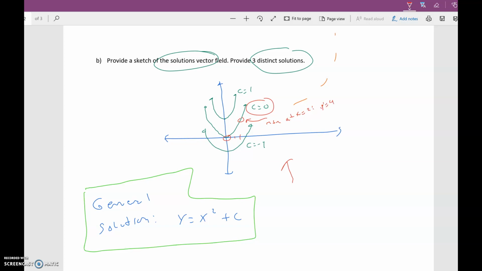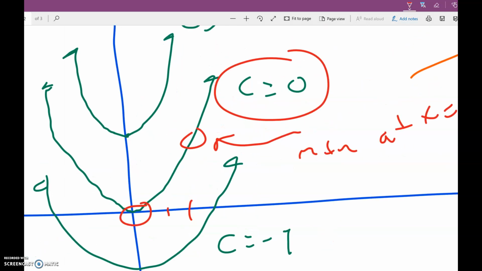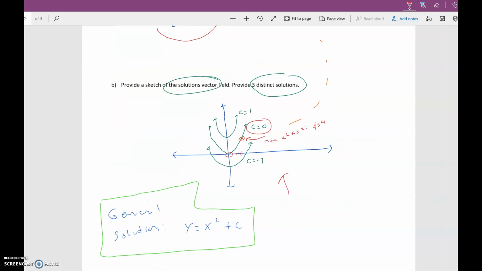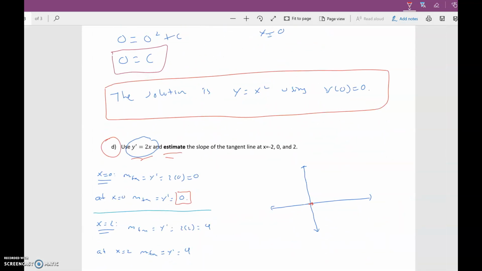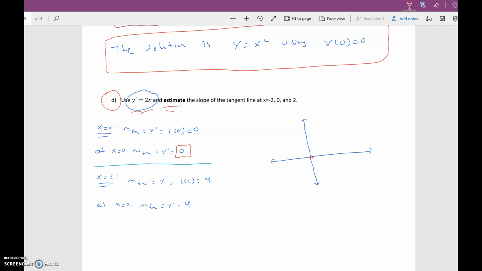That means the slope of the tangent line at this point is going to be approximately 4. On this one, we don't have enough information.